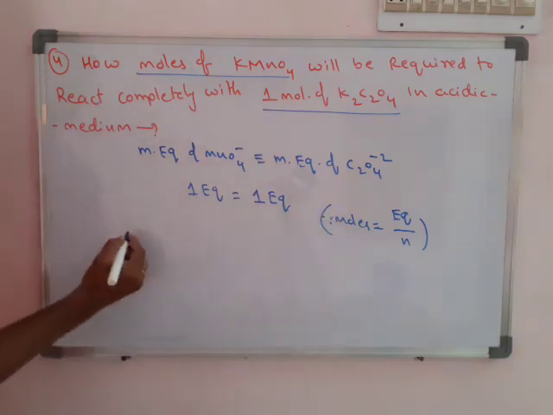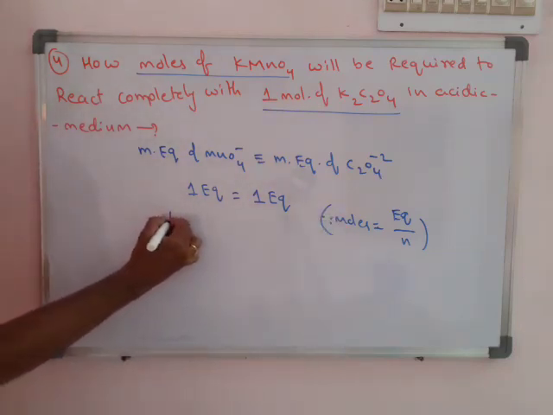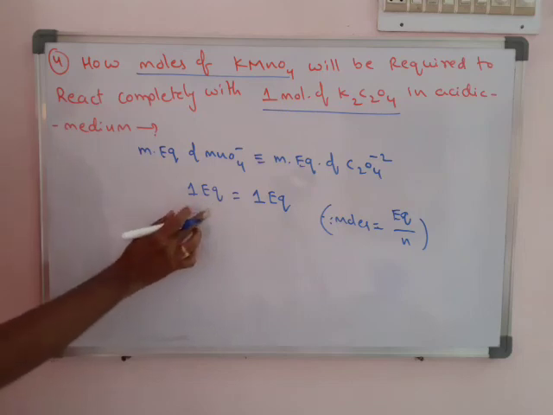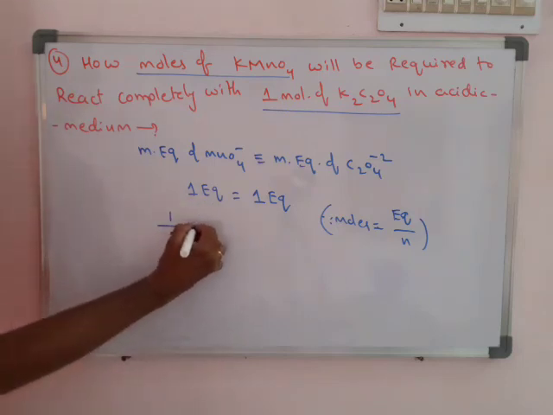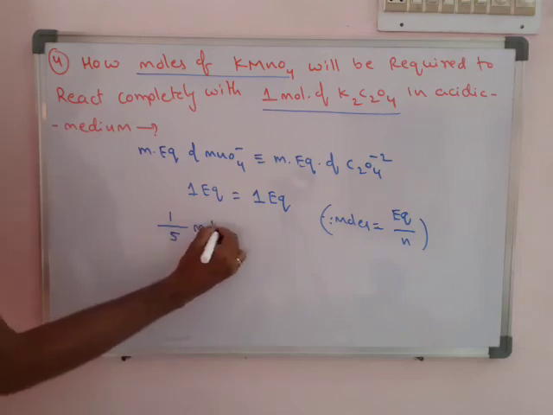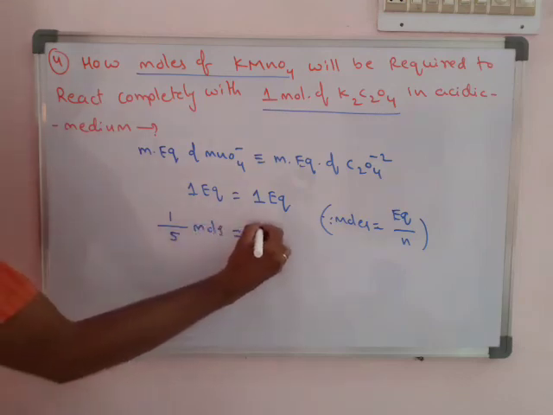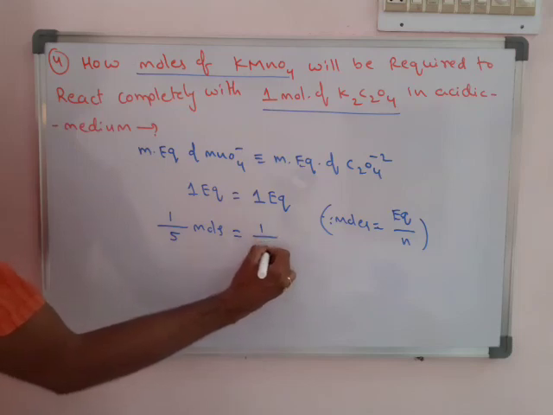So how many moles? 1 equivalent by the n factor for MnO4, which is 5, so 1 by 5 moles. For oxalate, 1 by the n factor, which is 2.